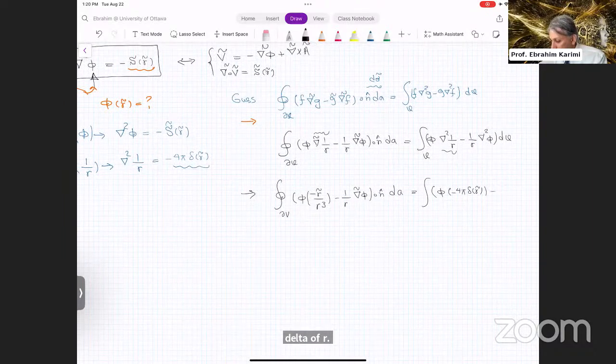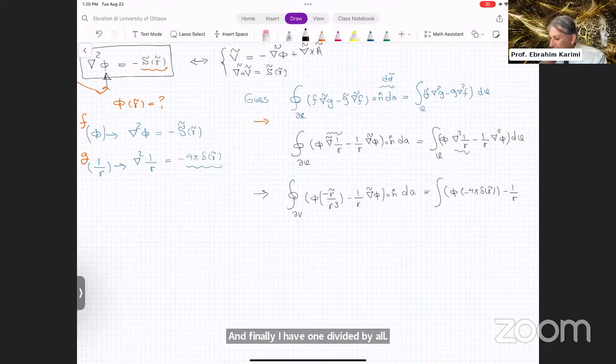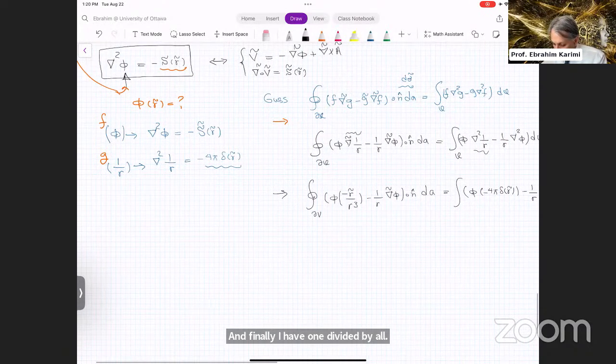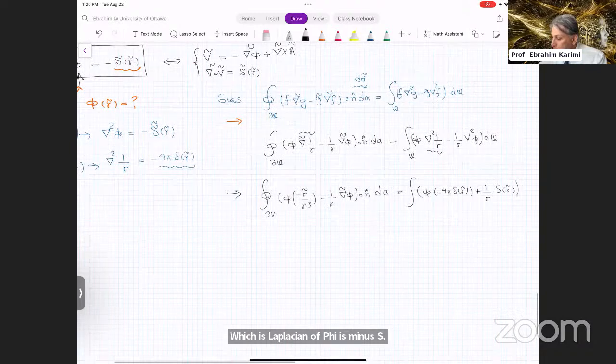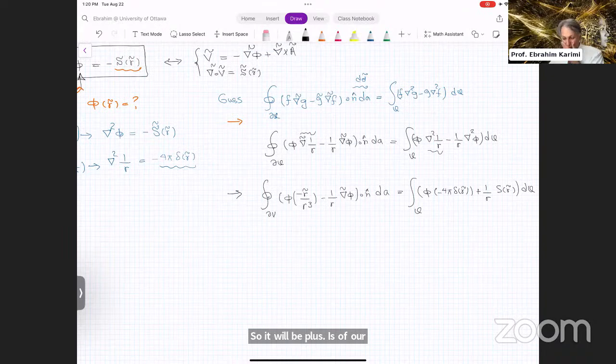And finally, I have 1 divided by r. Laplacian of phi is minus s, so it will be plus s of r dV. And that's on a volume.